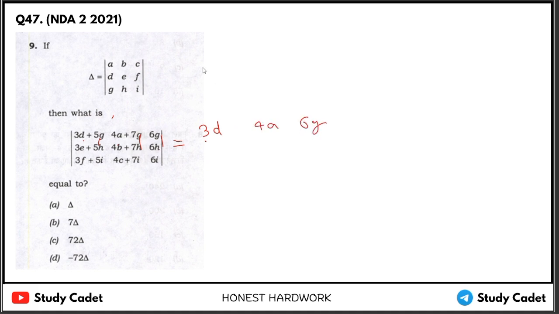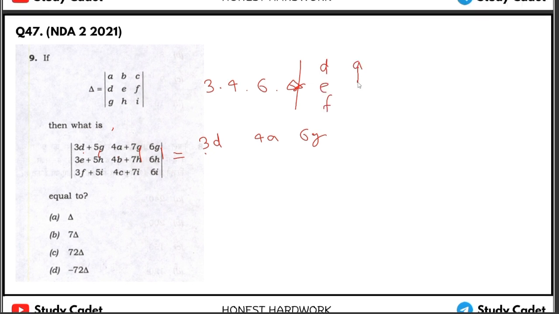If I take common 3, 4 and 6, then we are left with the determinant DEF, ABC and GHI.